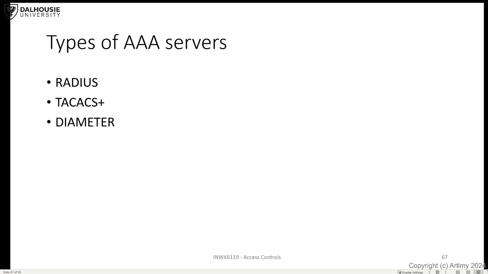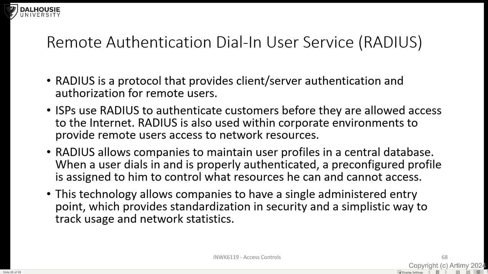We're going to talk about three types of AAA servers: Radius, TACACS Plus, and Diameter. The oldest is Radius, and it stands for Remote Authentication Dial-In User Service. From the name, you can probably guess it was used by service providers in the days of dial-up services, where the user sitting at home dials in to the ISP.